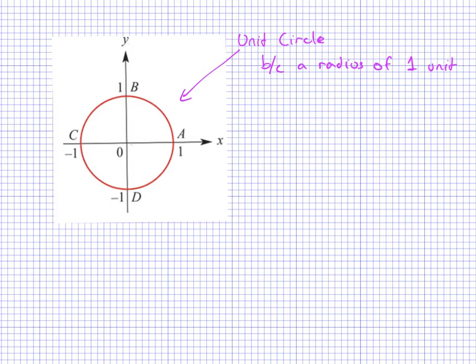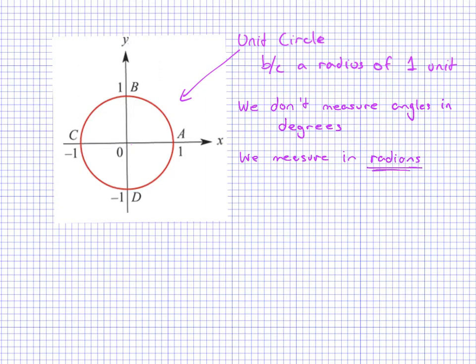Now, when we do trigonometry with the unit circle, we don't measure angles in degrees. We measure in radians.